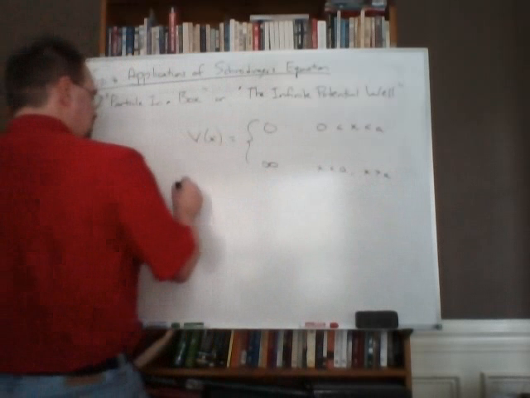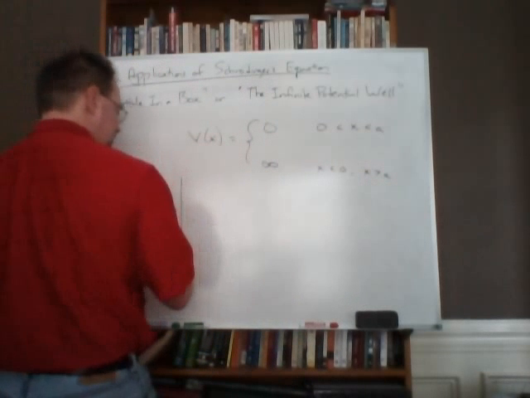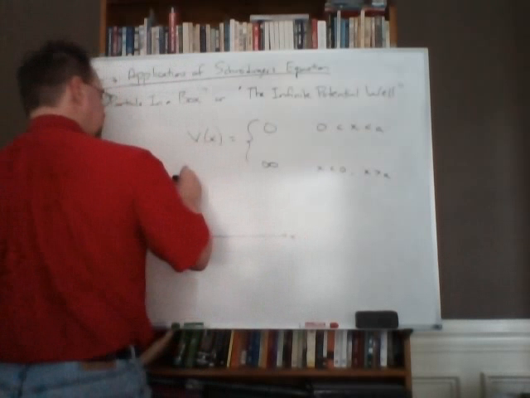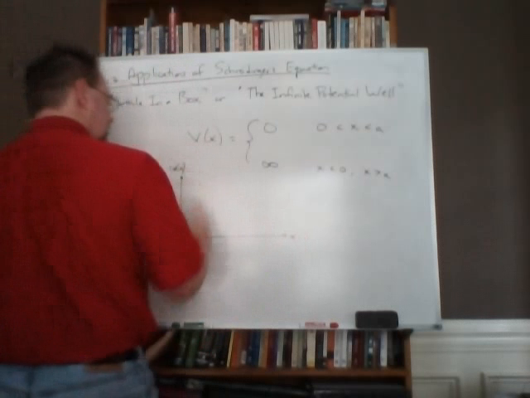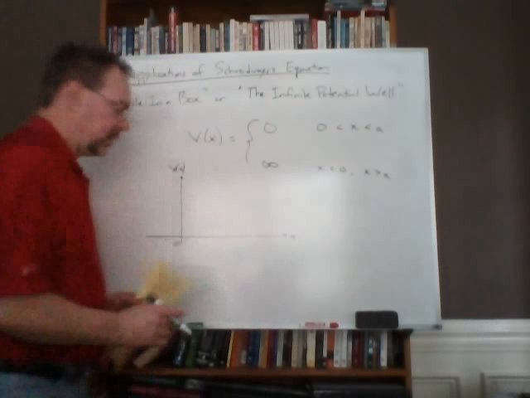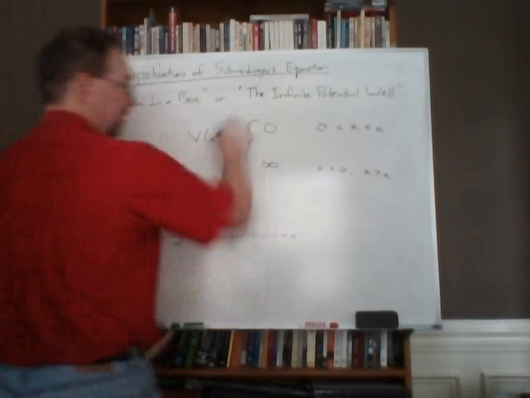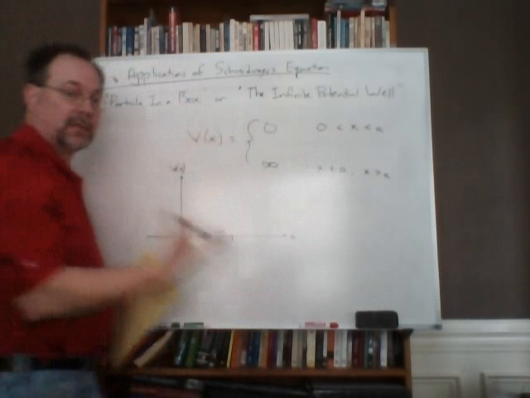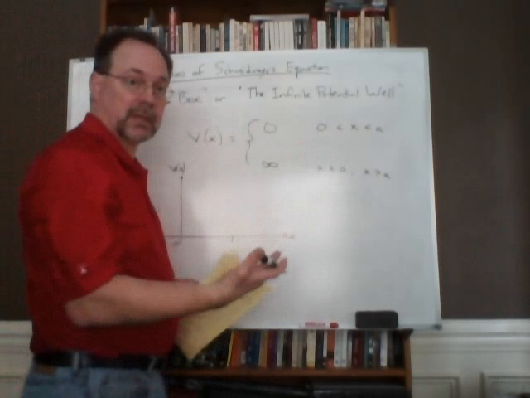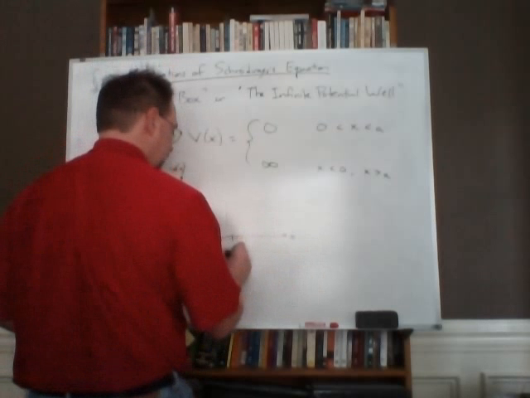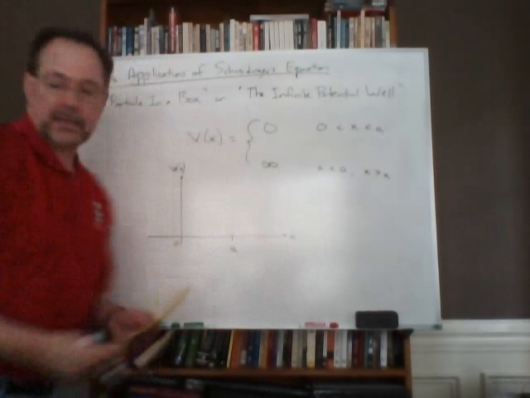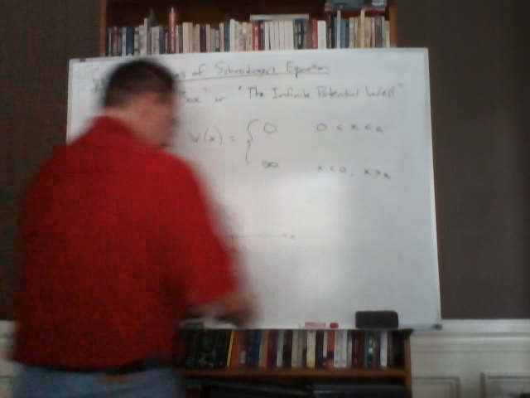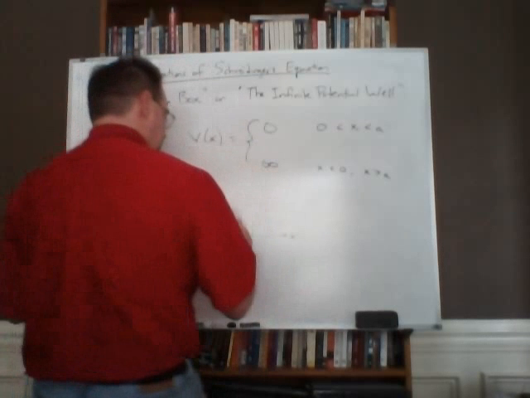And we can sketch the potential energy function in this way. So here is our box, a units wide, and so a has dimensions of length, and so here it is. There's a, and then we can sketch our potential energy function.